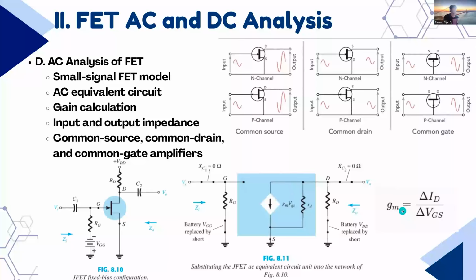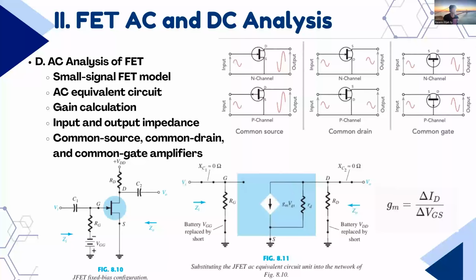Then we calculate the fundamental parameters. Voltage gain, AV, is the ratio of output AC voltage to input AC voltage. Because the gate draws virtually no current, current gain, AI, is mathematically infinite.